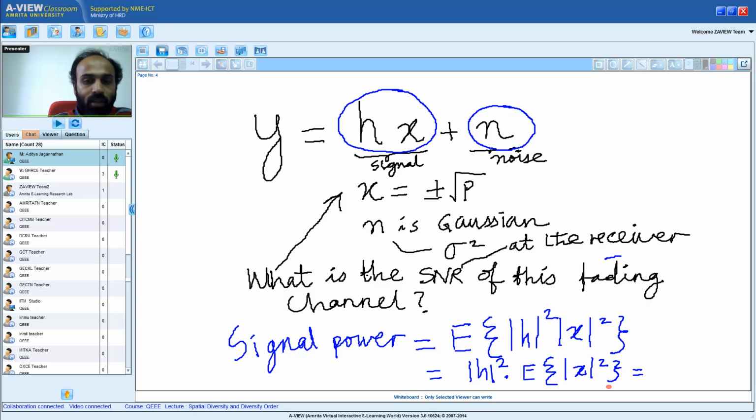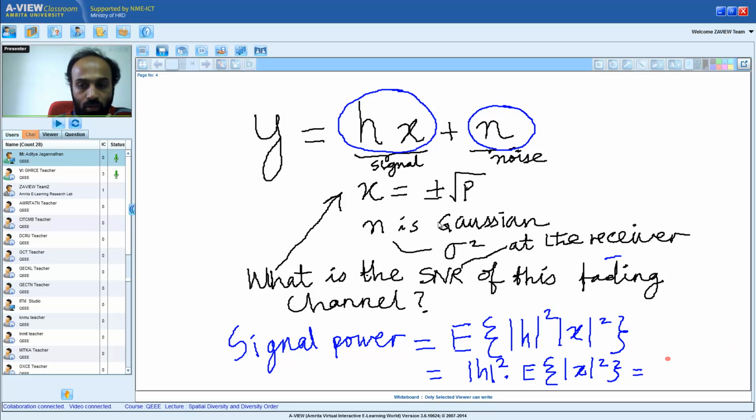Can someone prompt me what is the expected value of magnitude X square? That is P, that is the power P, that is correct.